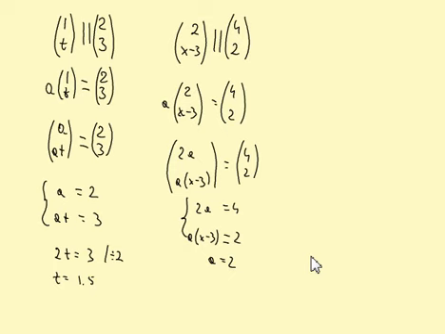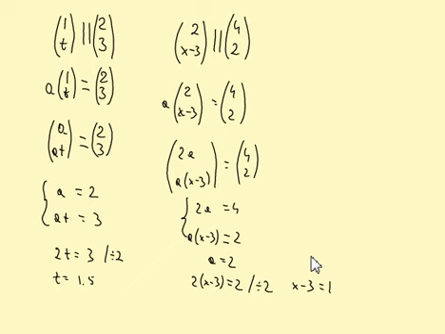So 2 times x minus 3 equals 2. And we have to find the value of x, so we divide both sides by 2 and we get x minus 3 equals 1.